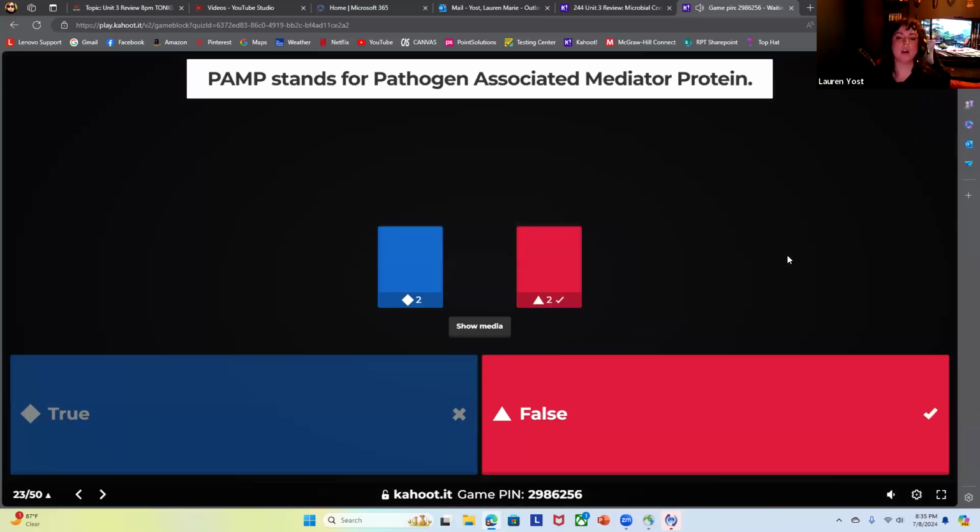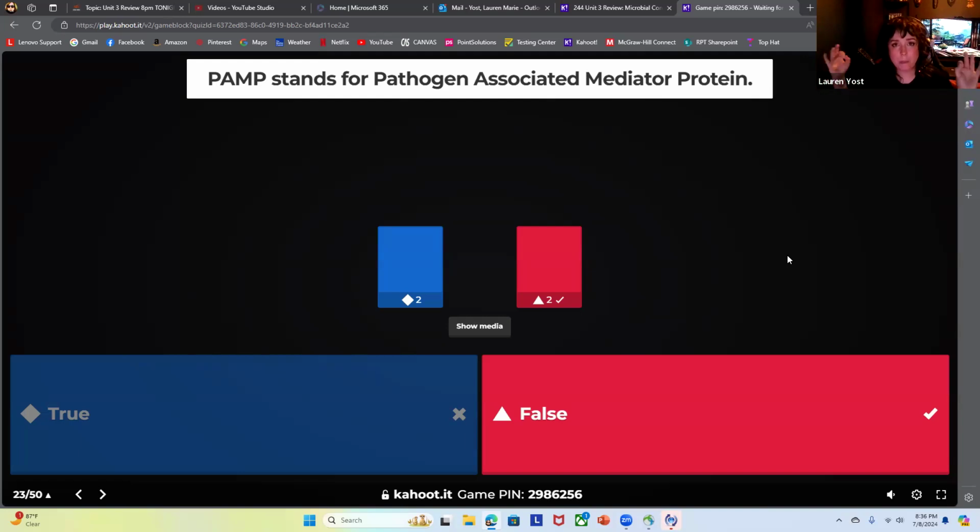All right, so we kind of split on this one. PAMP, this is false. It stands for pathogen associated molecular pattern. So when we talk about molecular patterns, we're talking about things like endotoxin. So if gram negatives are coated with LPS, lipopolysaccharide, the presence of that molecular pattern is what's going to be triggering the response.